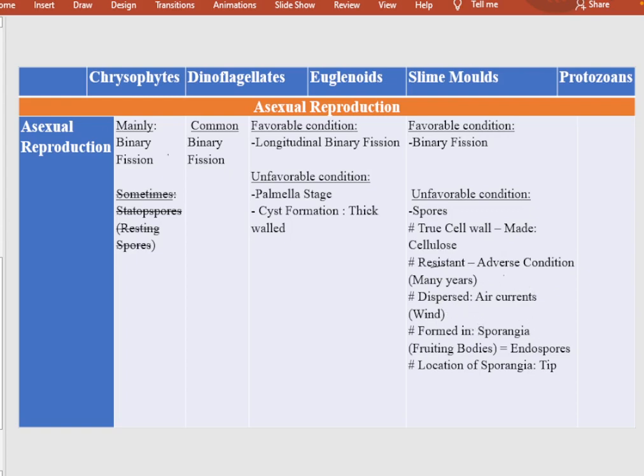They are formed in the sporangia, fruiting bodies, inside the sporangia, so they are endospores. The location of the sporangia is at the tip.